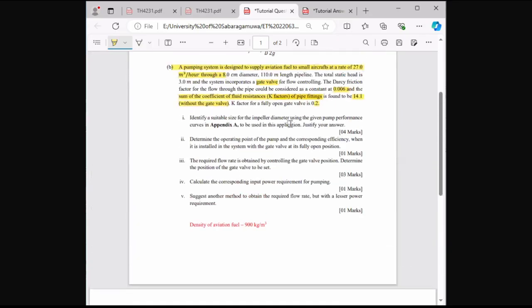Identify the impeller diameter from the pump performance curve in Appendix A to be used in the application. Justify your answer. The second task: determine the operating point of the pump and the corresponding efficiency when it is installed in a system with the gate valve at its fully open position.